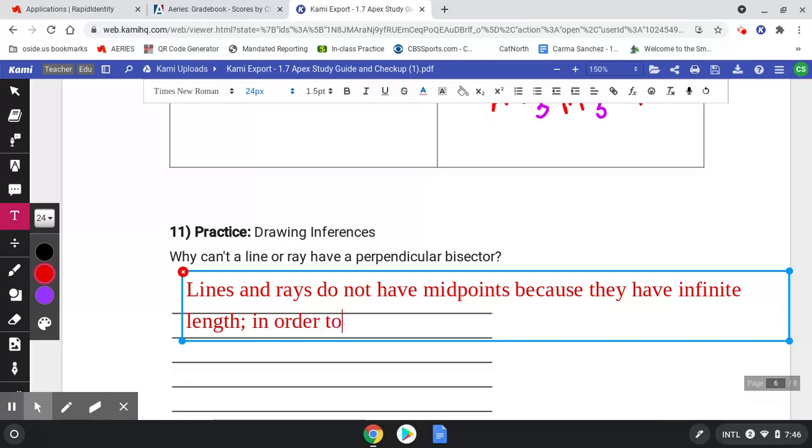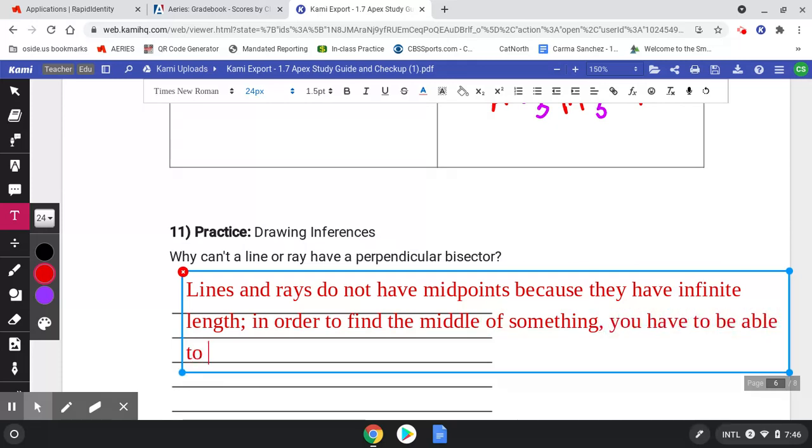In order to find the middle of something, you have to be able to measure it. And you cannot measure the length of a line or ray because they're infinite.